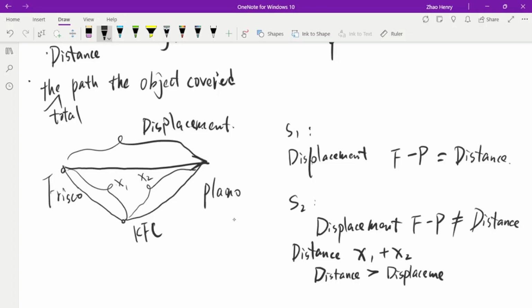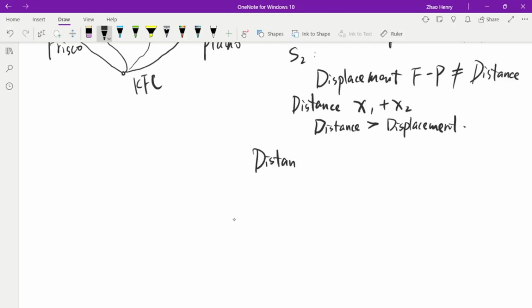But in situation one, your displacement is equal to the distance. So we can conclude that your distance will always be bigger than or equal to your displacement.